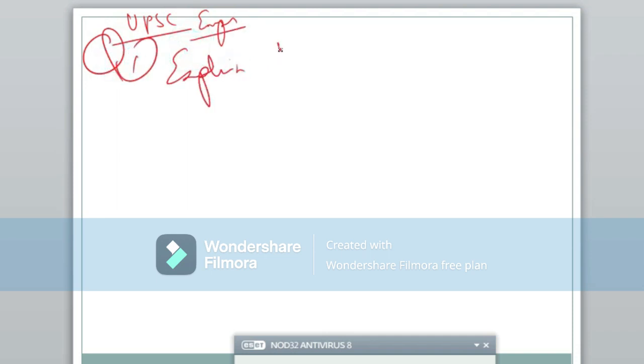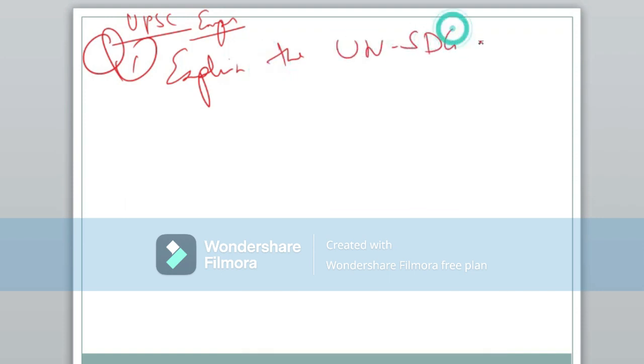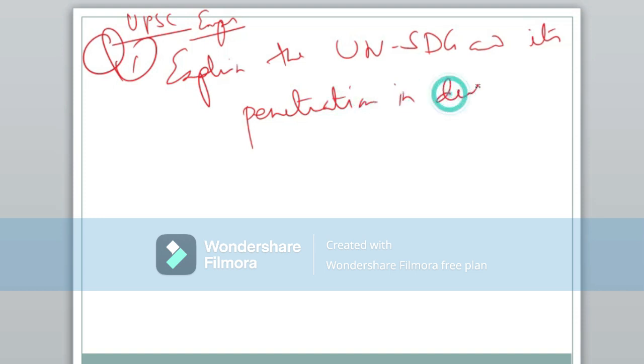Explain the UN Sustainable Development Goals and their penetration in developing countries.